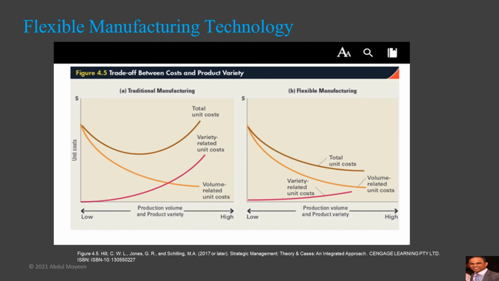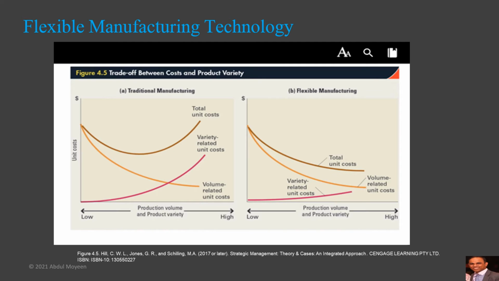But as soon as they try to make customized product or different varieties of product, their cost starts rising at a very sharp rate, as represented by the pink line in here. But on the right hand side, if you see the flexible manufacturing technology, if they produce standardized product similar to the traditional manufacturing technology, their cost goes down.